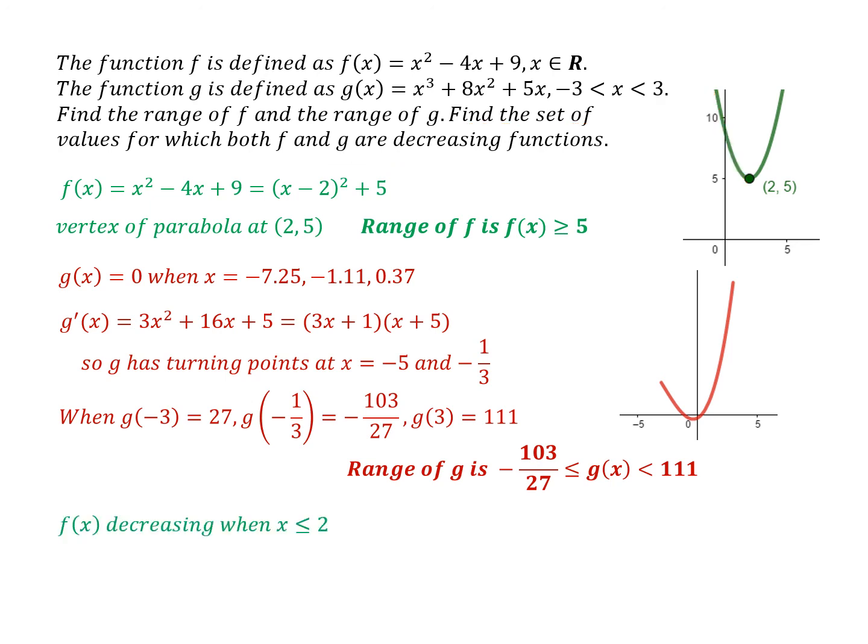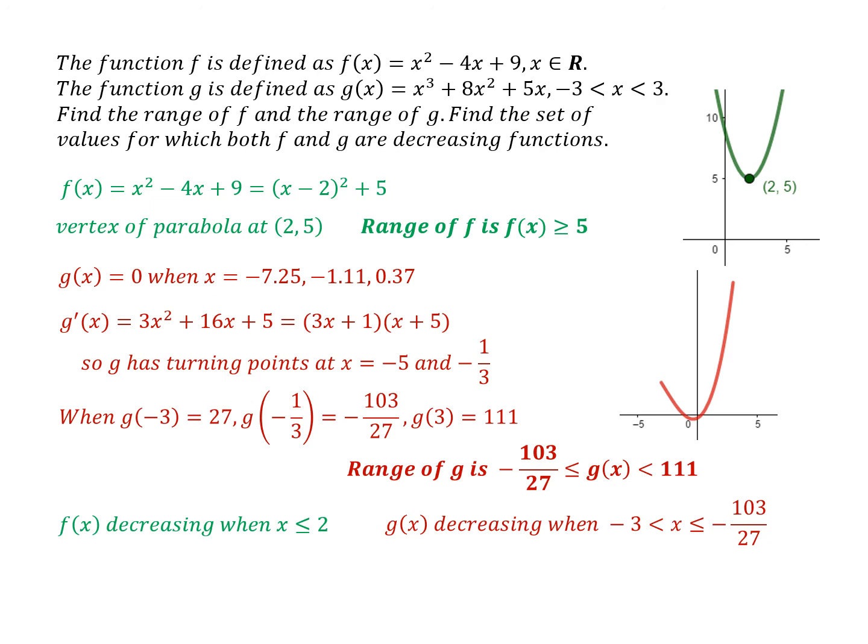So that's when f is decreasing. G is decreasing, however, from this value, minus 3, up to the value where the vertex is, which is minus 103 over 27. So g of x is decreasing between those values.